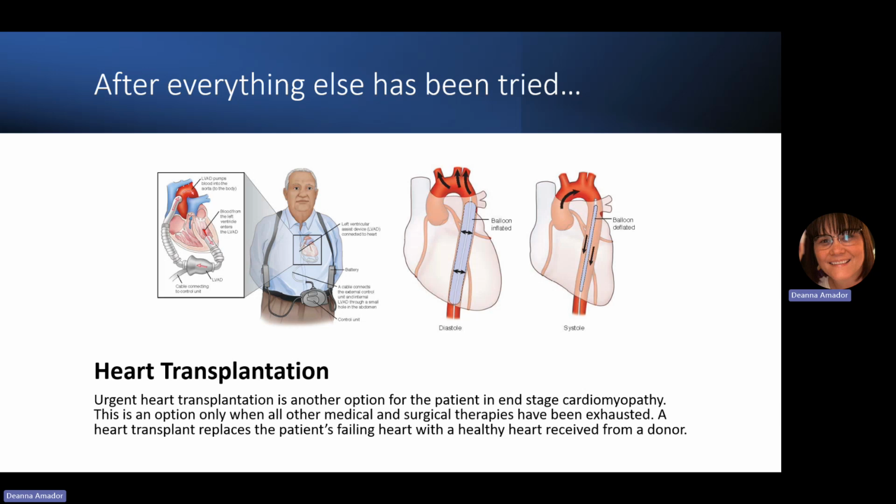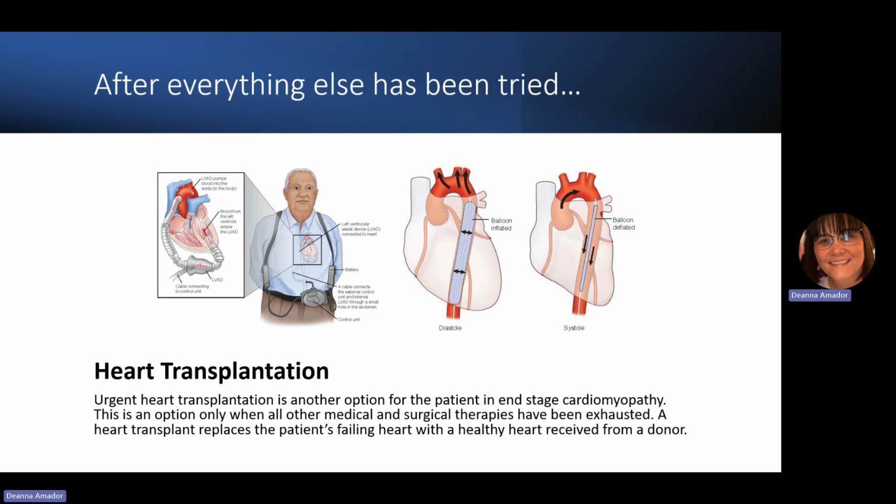This could be for patients that have end stage cardiomyopathy. It's surgically implanted, and like I said, this is only considered when all other means have been exhausted and the patient's at risk for death. The picture on the right is a picture of an intra-aortic balloon pump.